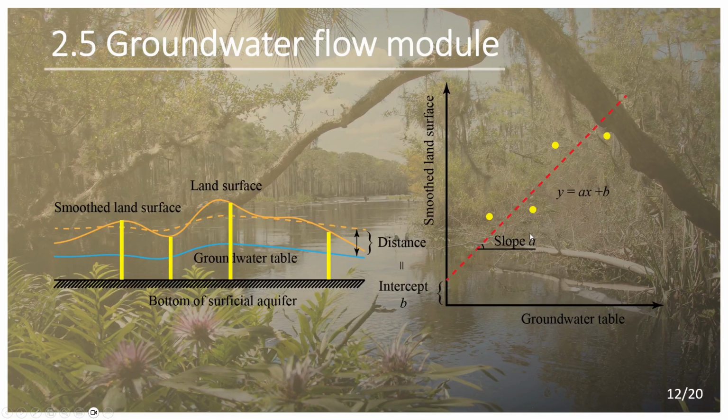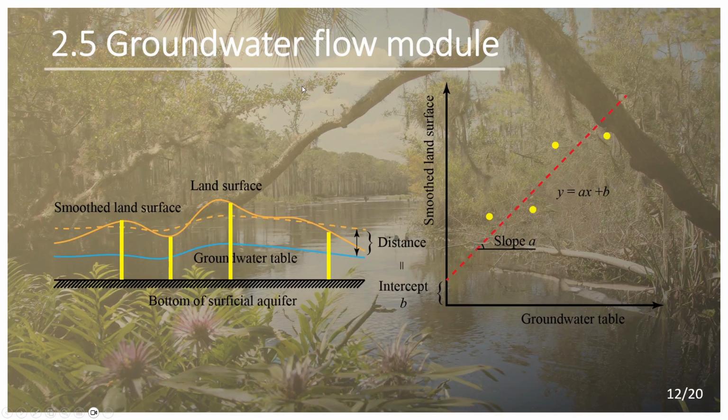When the slope is close to 1, we can assume that the smooth DEM surface is very close to the surface of the water table. The intercept means the distance from the smooth DEM to the groundwater table, like here.